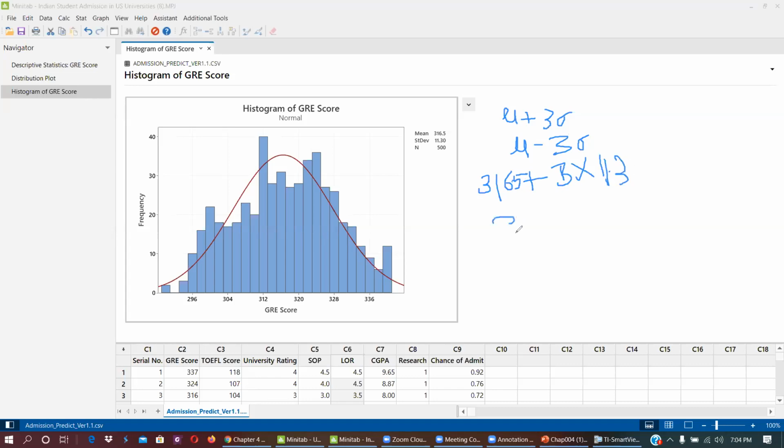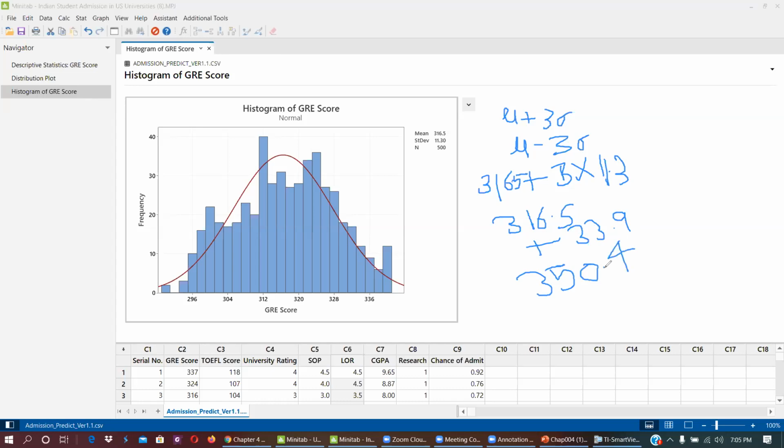So 316.5 plus 33.9, how much are we getting? 350.4. If I am wrong, please correct me.